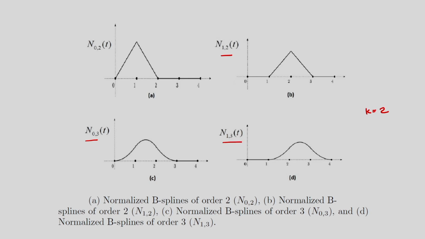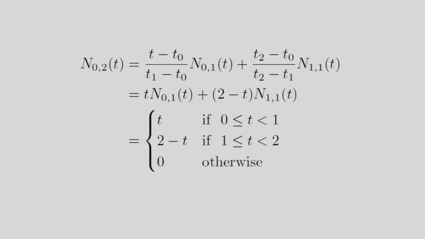So this N02 can be written as a weighted sum of N01 and N11. So here you can see in this equation N02, the B-spline of order 2, can be written as a weighted sum of N01, the B-spline of order 1, and the B-spline of order 1 that is the shifted one. This is about N02, the B-spline of order 2.